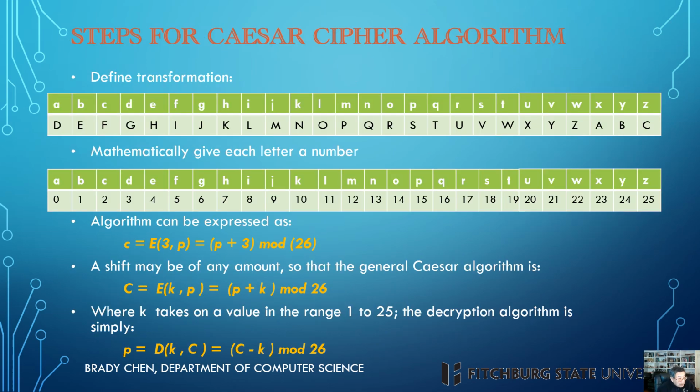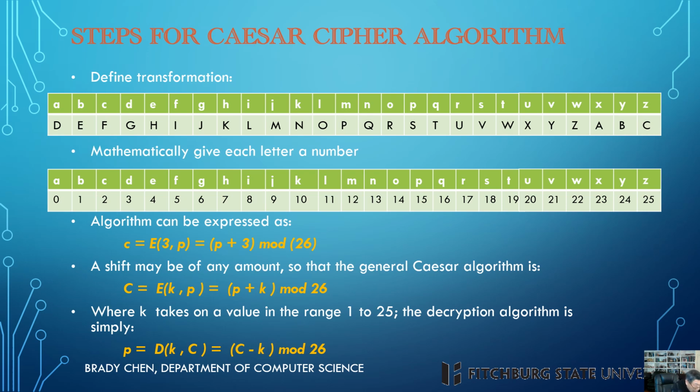Now here we're going to talk a little bit about the Caesar cipher algorithm. So here are the steps. First we're going to define the transformation. As we mentioned, the Caesar cipher replaces the letter with the letter standing 3 places down.